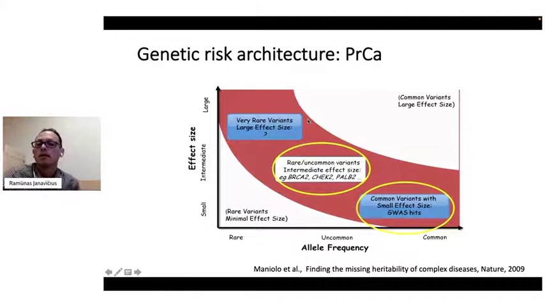Probably they could be found, we don't know, because they could potentially be very rare, and with the advancement of technologies as well as expansion of international collaborative studies, they can be identified. So currently, in clinical practice, we are mostly dealing with intermediate-risk alleles or variants.